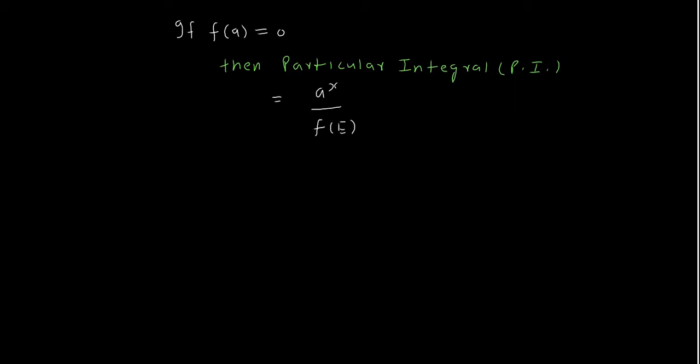If f of a equal to 0, it means a is one factor of f of e. Then this becomes a to power x upon f of e, which can be written as e minus a times psi of e.